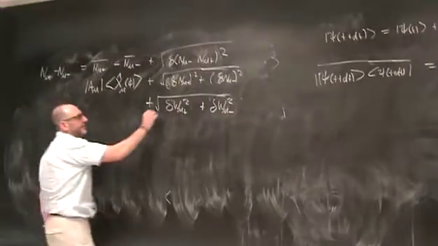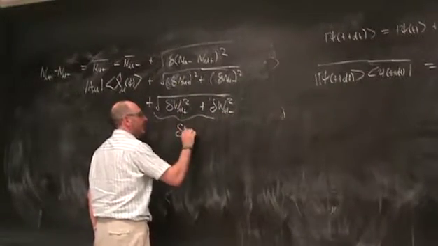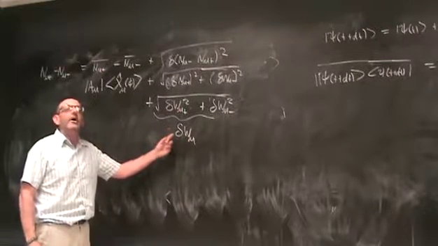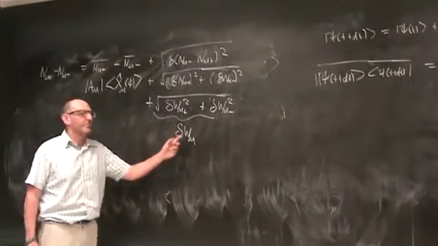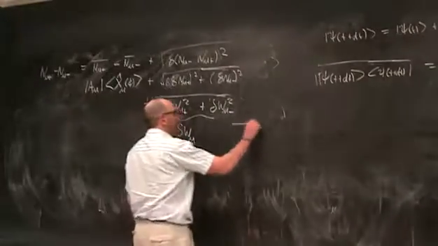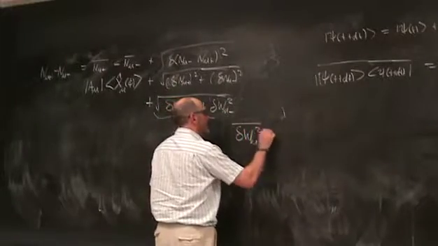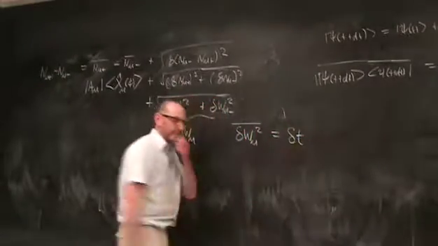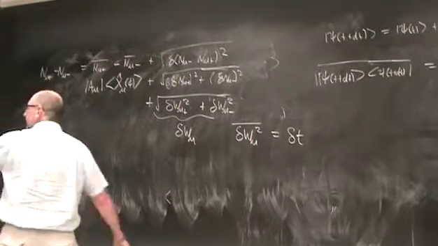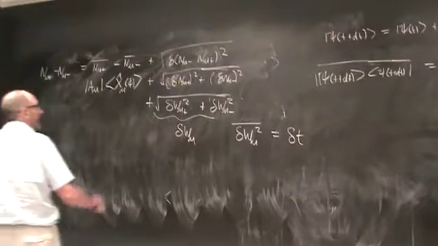Okay. And this is what I'm calling delta mu squared. Delta mu. This also is another Wiener process which has the same variance. So the mean of delta W squared is delta T. Mean over all realizations, over the probability distribution. And I forgot this guy.